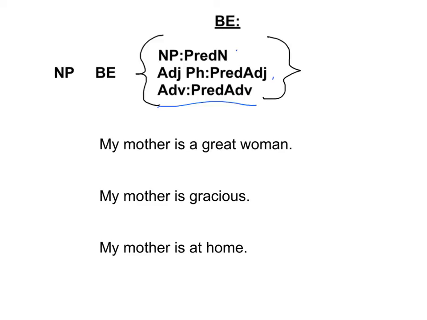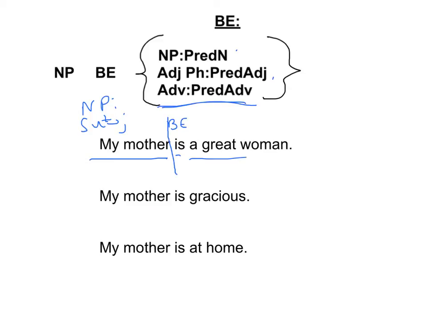That's one of the reasons that we separate the verb to be from other linking verbs, because other linking verbs cannot have predicate adverbs. Okay? So, let's practice.